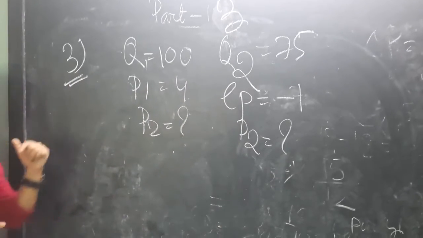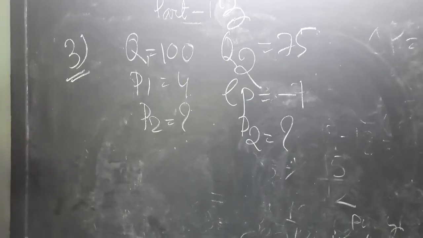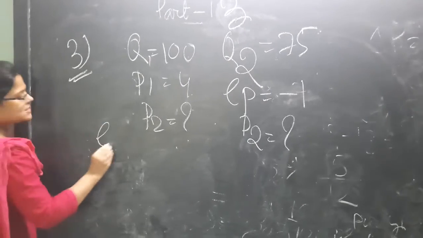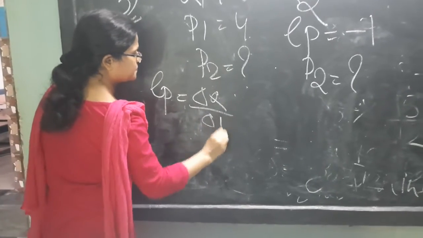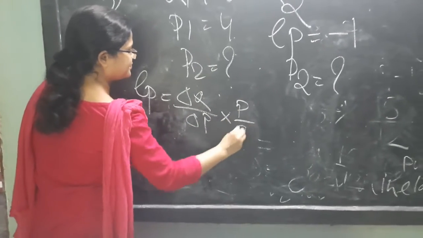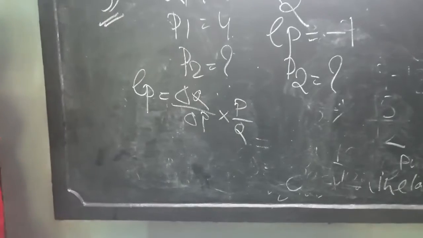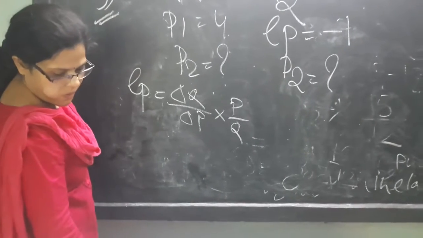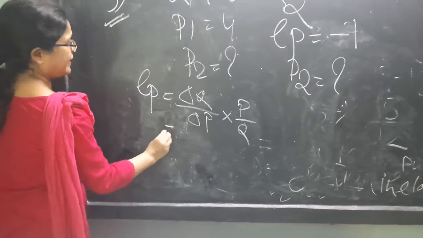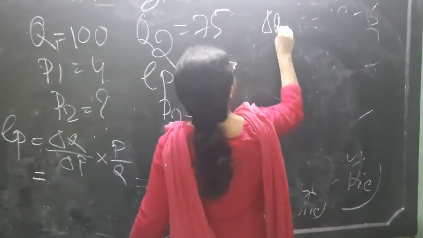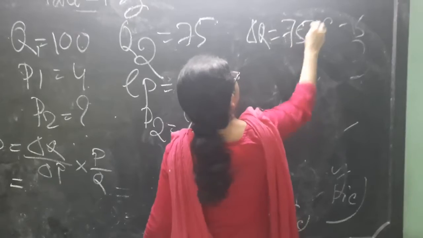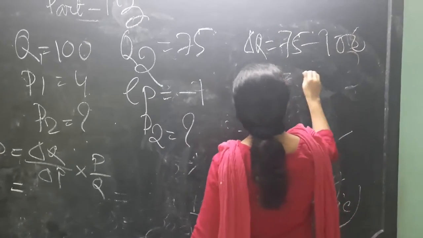Let's solve the sum. One thing is given, EP is -1. So what is the formula of EP? Delta Q: 75 minus 100 means -25.